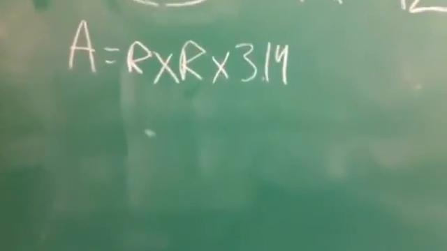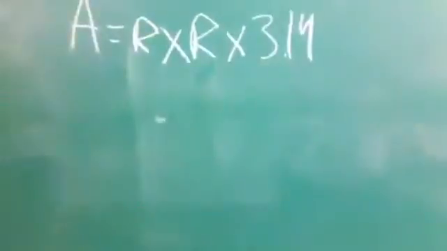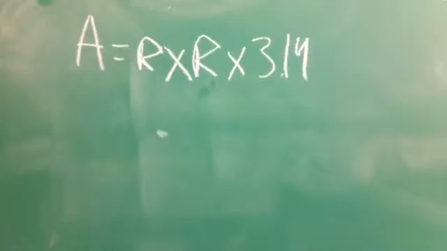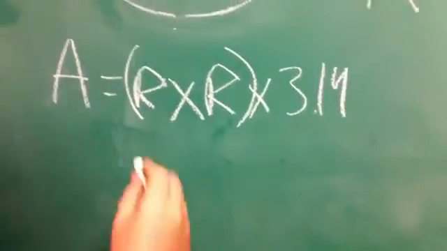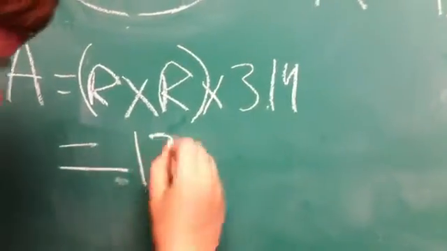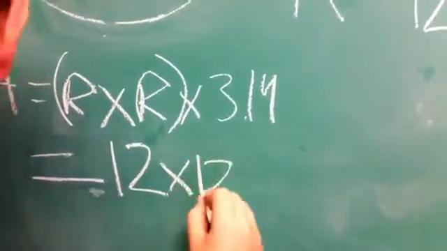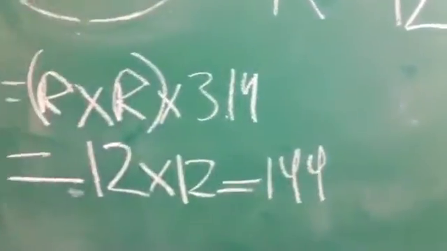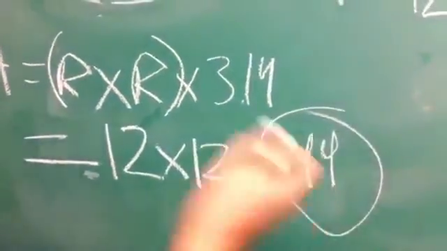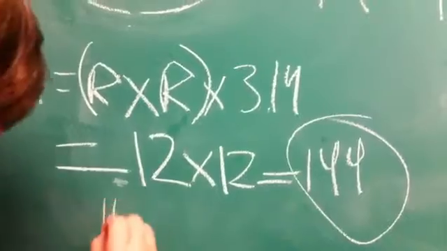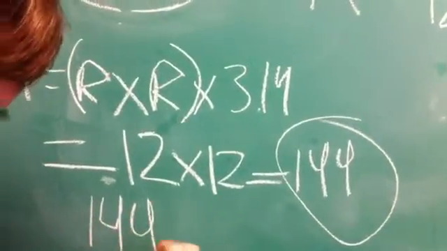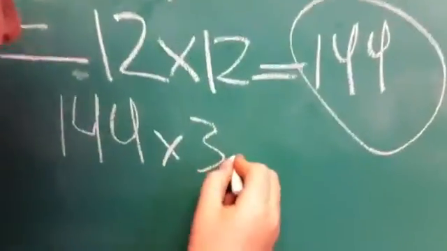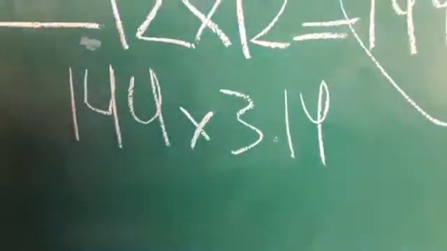To find the area, you need to take the radius and times it by itself, and then times it by 3.14. We'll do radius times radius. And that equals 12 times 12 equals 144. Now that we have the answer, we will times 144 by 3.14, aka pi.